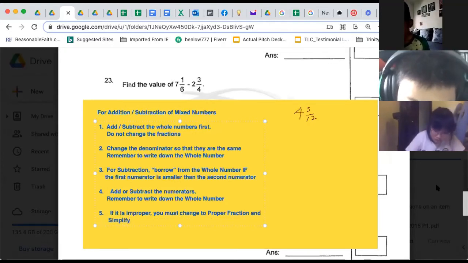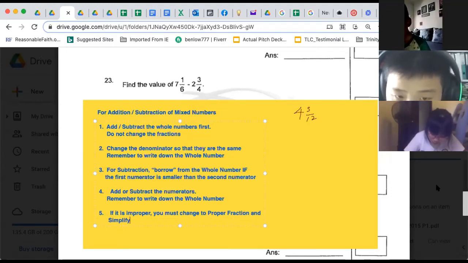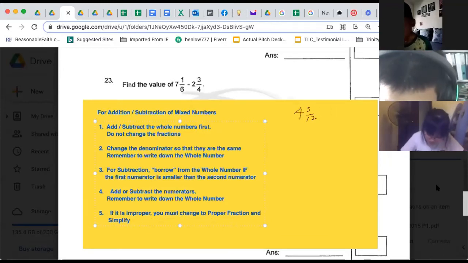If you can remember this, you will never make mistakes in fractions anymore. These are all steps that must be there for addition and subtraction of mixed numbers.